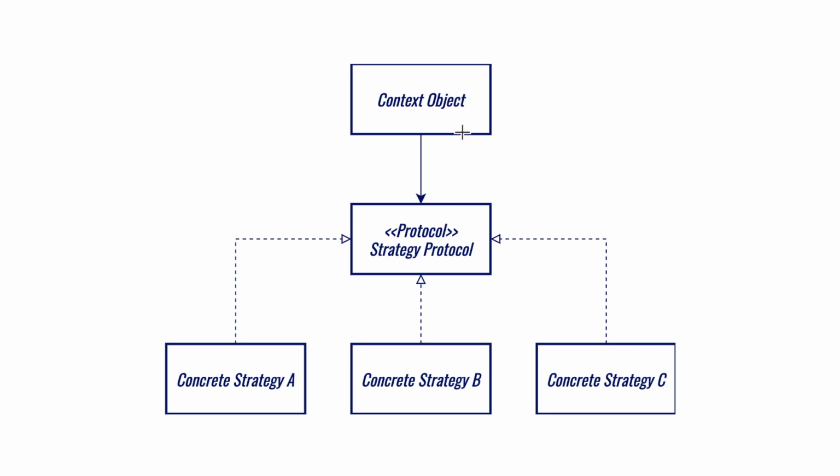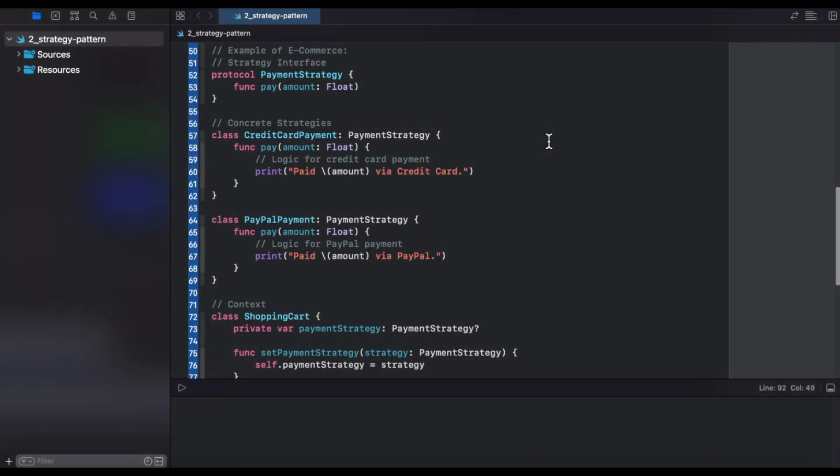And context object is the class that holds the reference of the strategy protocol object, and at runtime when a specific condition gets met, it delegates the execution of the most appropriate algorithm. So if you are going to implement the strategy design pattern in your code, you need to maintain these three components. Now you have the full conceptual understanding of the strategy design pattern.